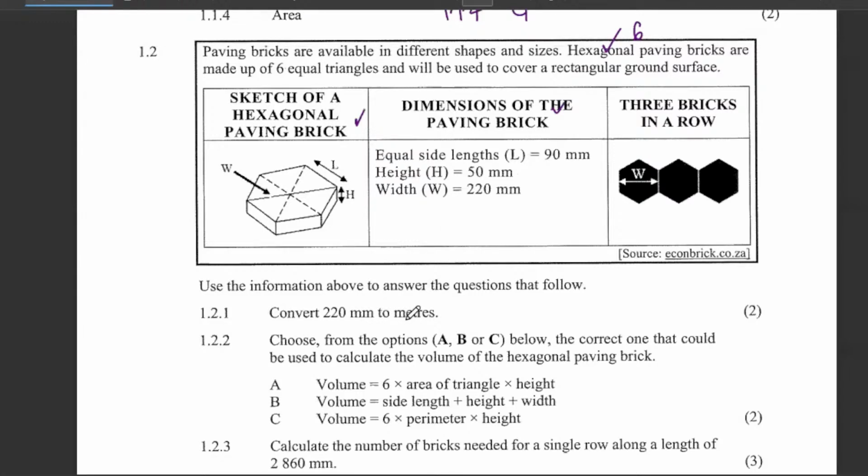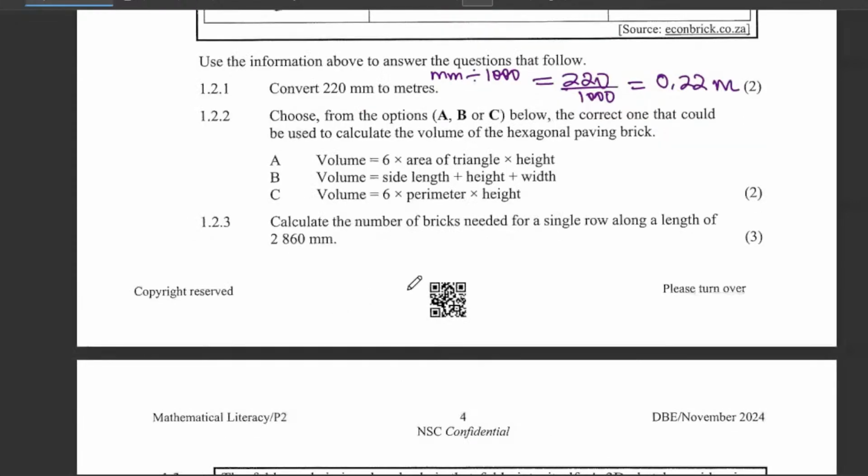Okay, they're telling us to convert 220 millimeters into meters. Millimeters to meters, we divide by 1,000. So this is 220 divided by 1,000, and the answer becomes 0.22 meters.